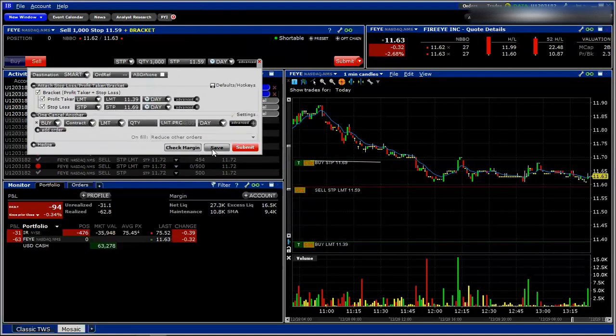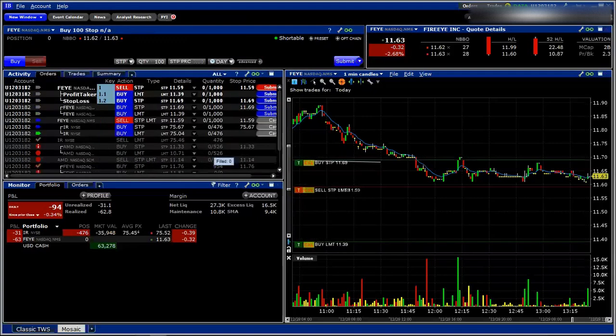So this time I'm just going to click save because I do not want to submit this because I already have another order out there. But you can see this one, if the entry order gets filled, then it'll automatically put in one of these next two. So it would instantly have a protective stop, and it would instantly have a target on it.